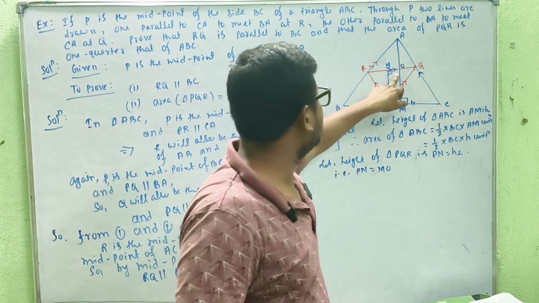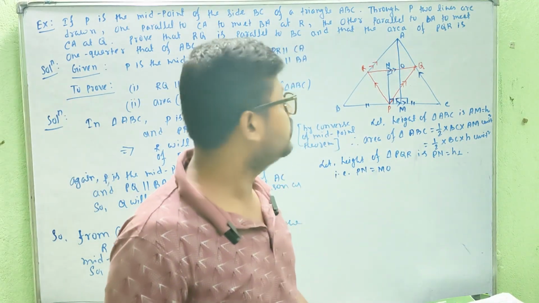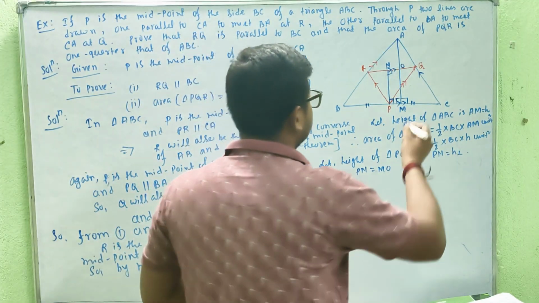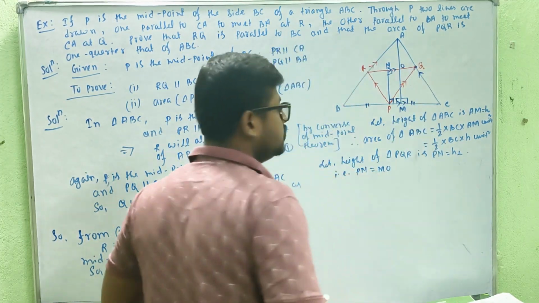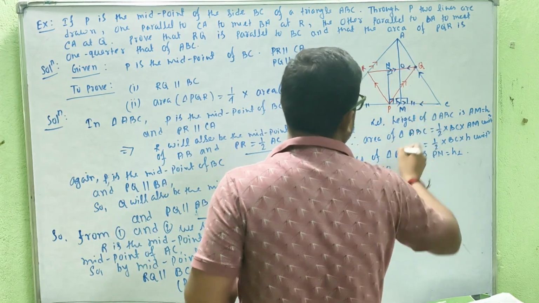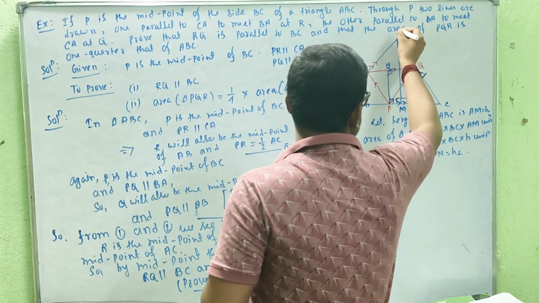Now O will be the midpoint of AM. Why will O be the midpoint of AM? We use the converse of the midpoint theorem. What is the converse of the midpoint theorem? This point is the midpoint, and this is parallel to this side, right? So this side will bisect the third side.